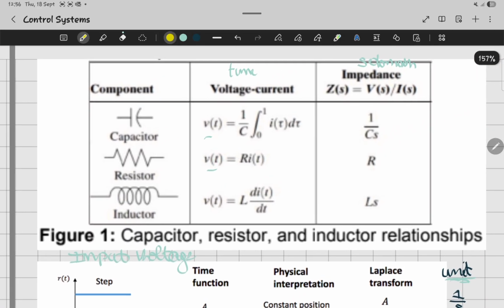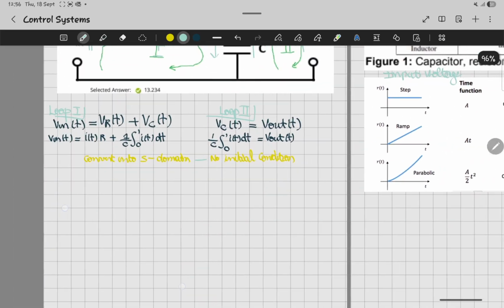We're going to convert them into this form that you see here. So for the capacitor, it's going to be 1 over CS. For the resistor, it's going to be R. Okay, so let's go here.